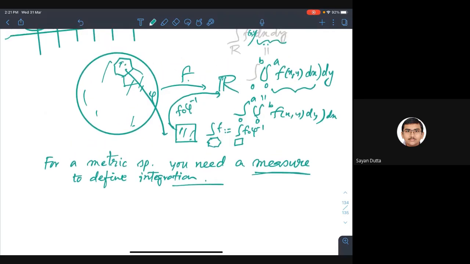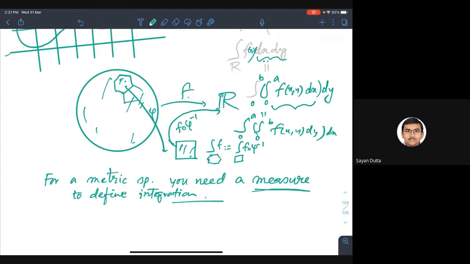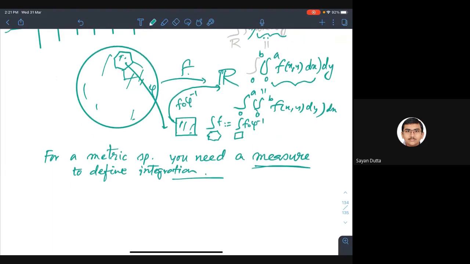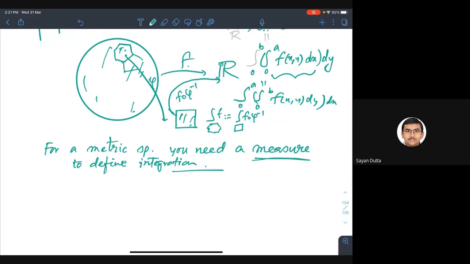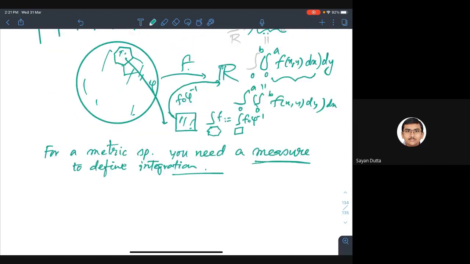Yeah, this is an interesting question. Of course, you should think things like that. The distance doesn't play that much role in defining integration. What the measure does, you need to have some property in the topology. So open sets should be there.